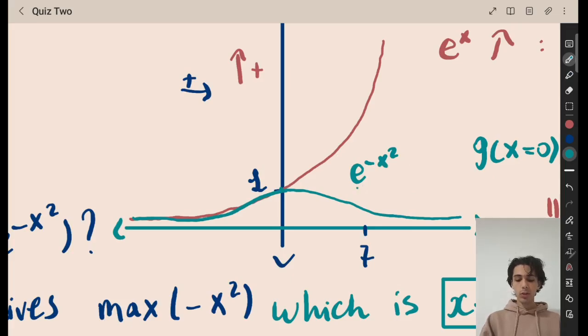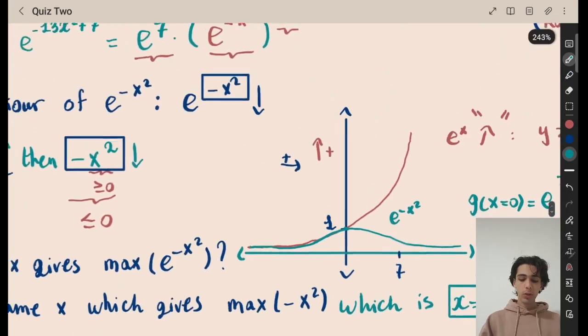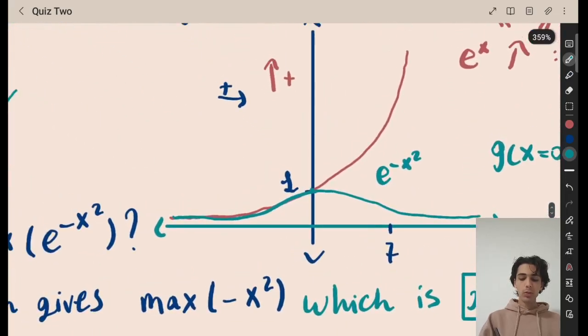It is attained at 1 for the pure e to the minus x squared function. But for our example, it will be attained at e to the 7th. We have to go find e to the 7th and draw this extended bell shape. So if you multiply a graph by a constant, you just scale it up. It doesn't affect the shape, it just scales it. So this is on a smaller scale, you could say.